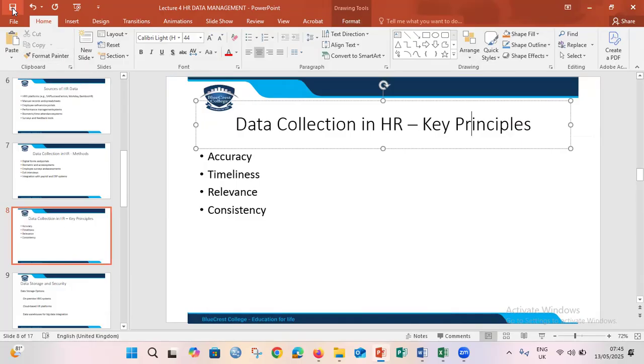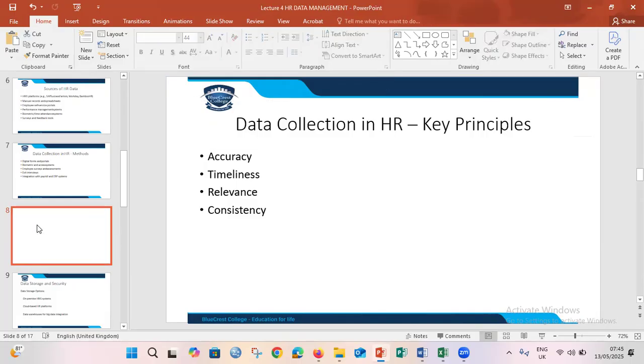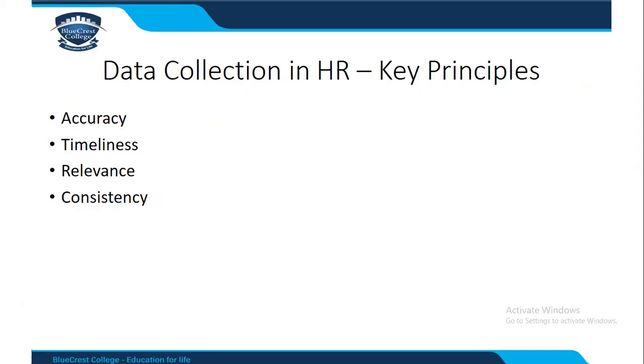So it's not just picking data, and because you are picking data, you are just getting everything onto the system like that. It's important that you ensure that the data you are picking is accurate, right? Everything is correct. You are getting the information on time, right?